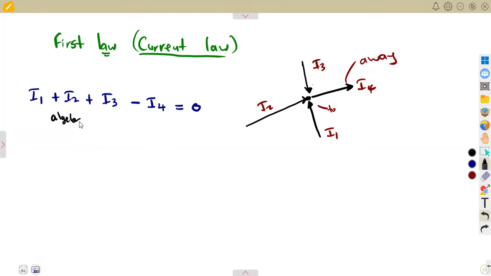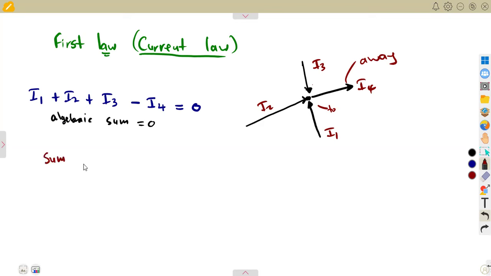The algebraic sum is equal to 0. So with this, we can conclude that the sum of currents flowing towards the junction must be equal to the sum of currents leaving the junction.